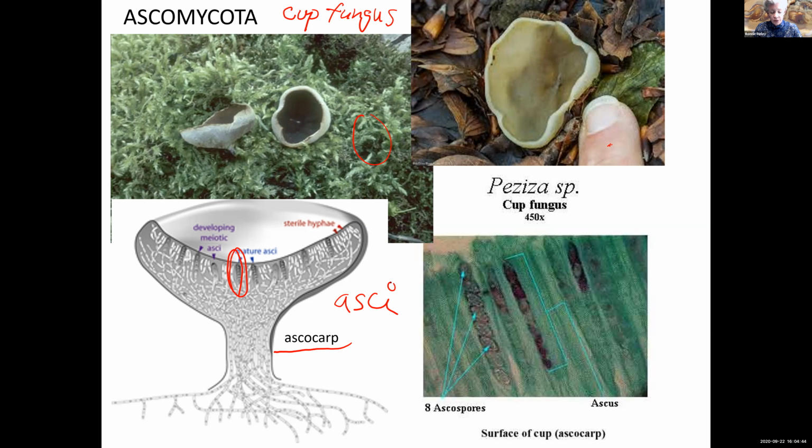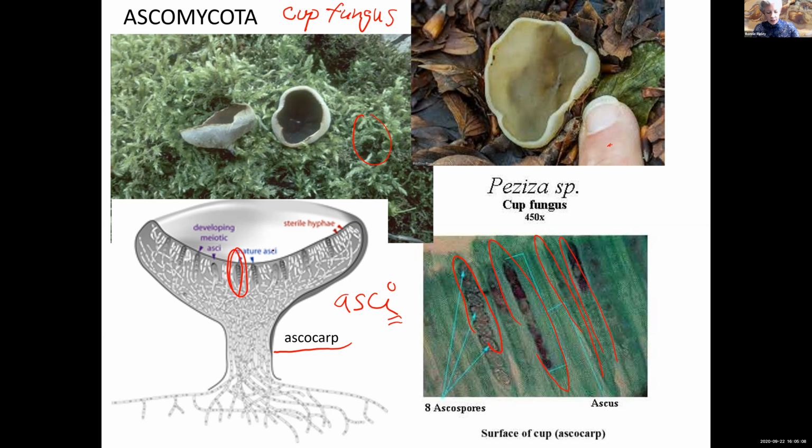We're going to call the structure where that meiosis takes place an ascus. There's only one, it's an ascus. If there's multiple, they're asci, right? Not acai like the berries, but asci. So we're going to see these spores that are inside these structures. They're sort of oblong, long and thin. There's bunches of them.